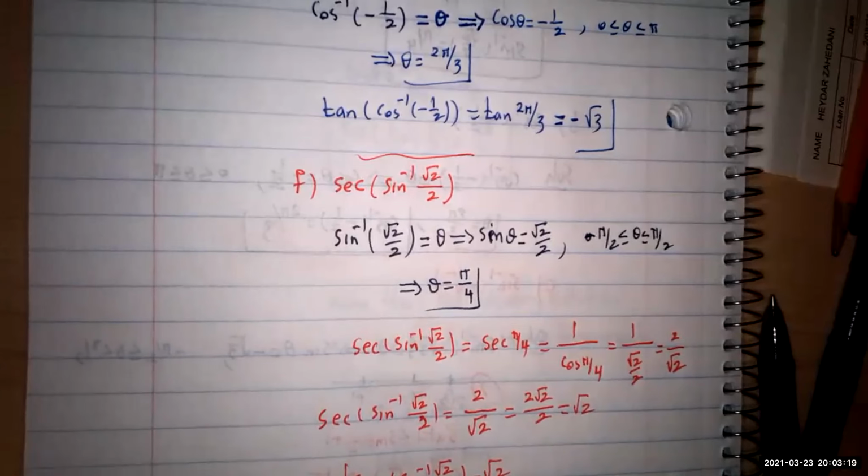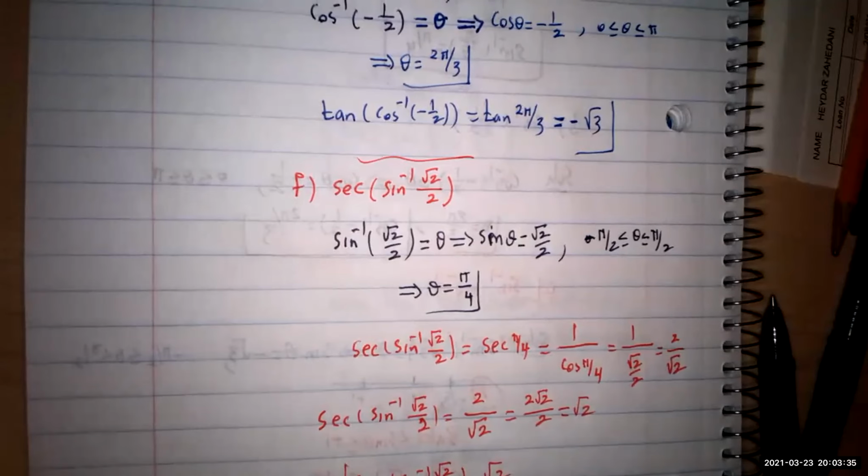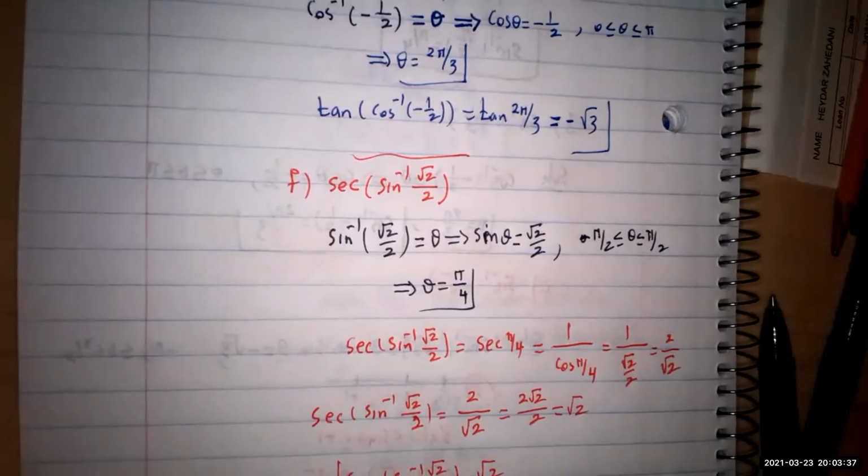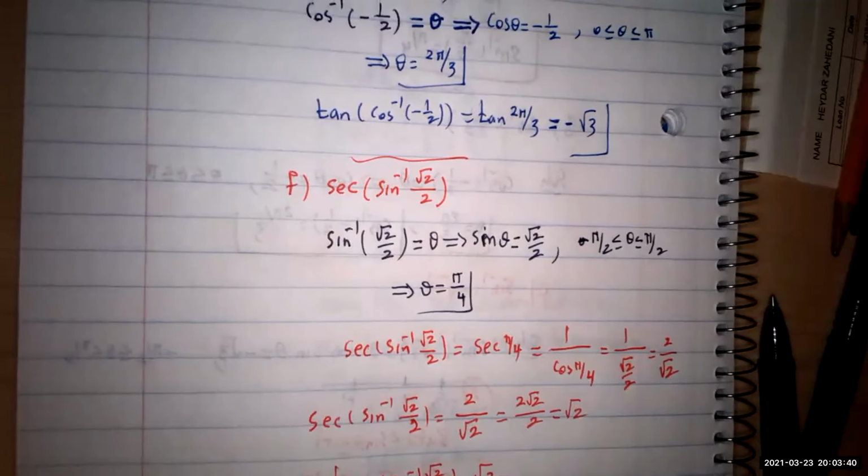So what's the question? Isn't that radical 3 over 3? Which one is it? Radical 2 over 3? No, it's not. Which one are you talking about? No, it's radical 2 over 2.